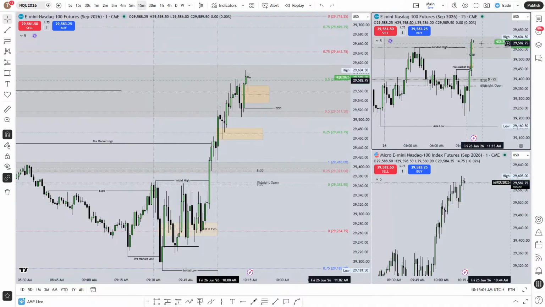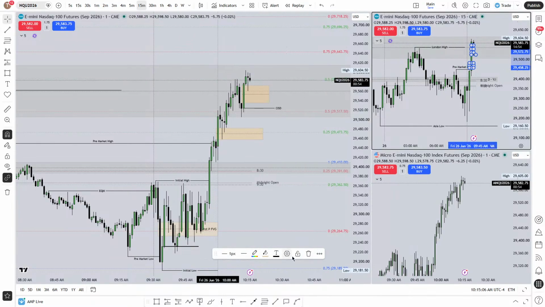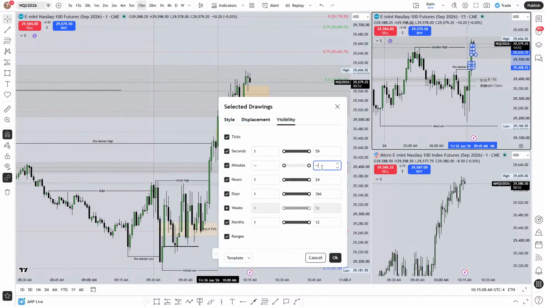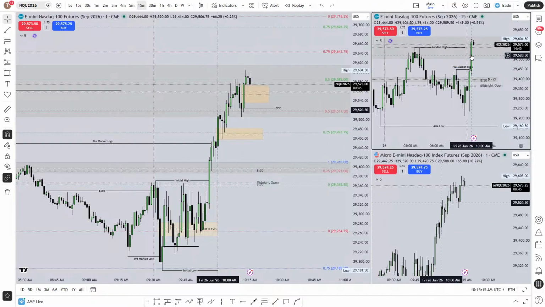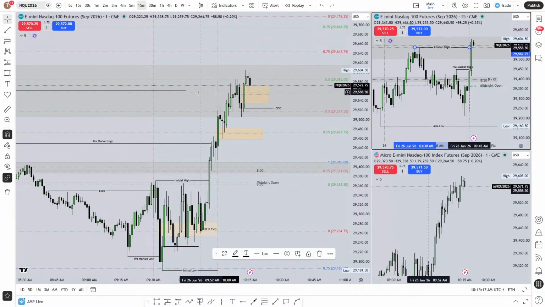Okay, so that 15-minute close to me doesn't look extremely bearish. Still gonna give it its chance though.